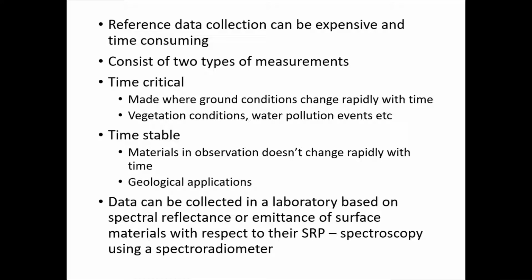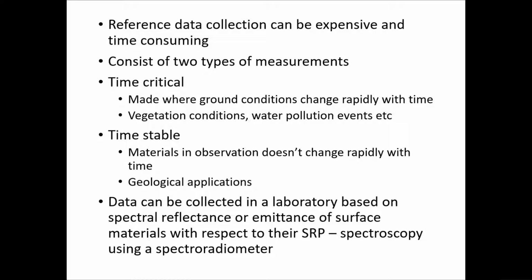Can you mention a few time critical measurements? Time critical means where the ground conditions change rapidly with time. With time your ground condition changes. So one very simple example of time critical measurements is the vegetation conditions, or another one is water pollution events, right?